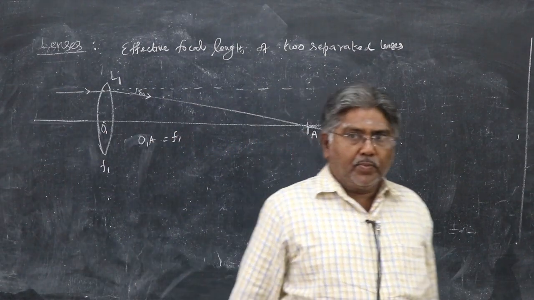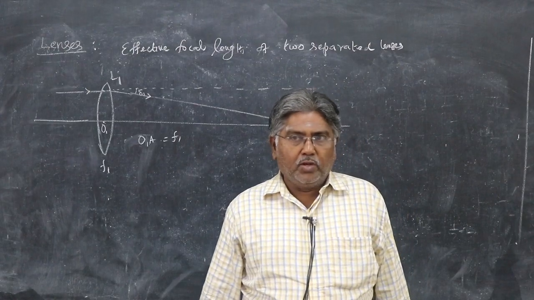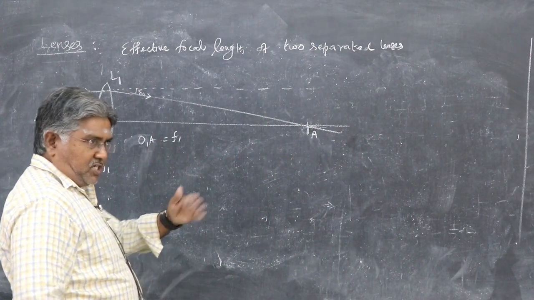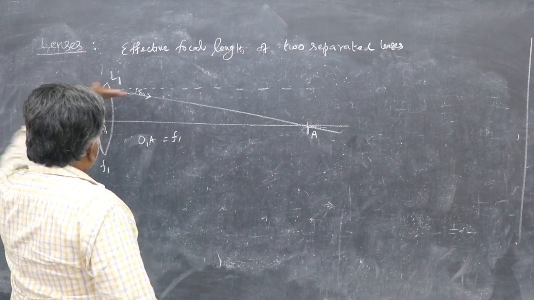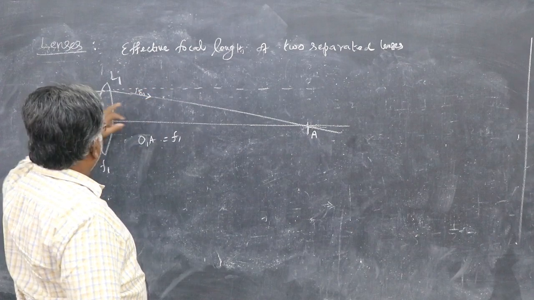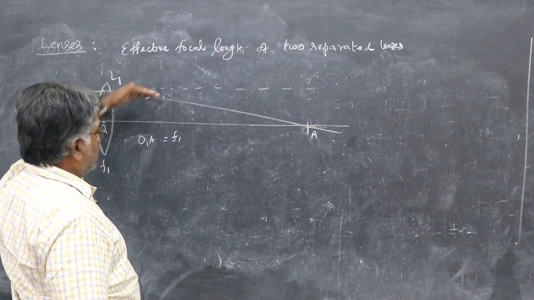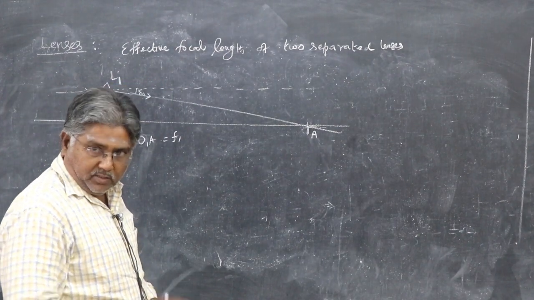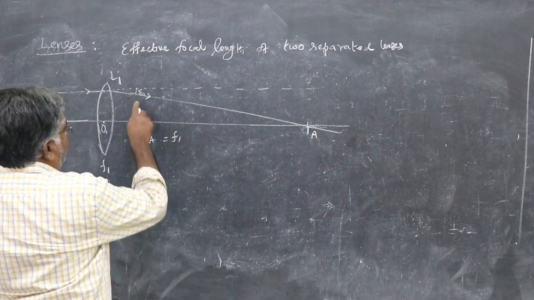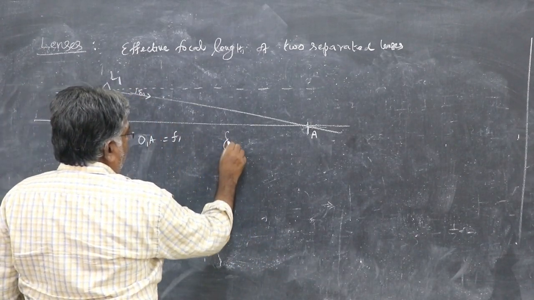It's an angle. What is the deviation angle? Angle between the incident ray and the ray after refraction. The deviation in the path of the ray. See, the ray tends to go straight, but because of the presence of the lens, it has turned. How much it has turned, that angle through which it has turned, that is deviation. So deviation by the first lens is delta 1.